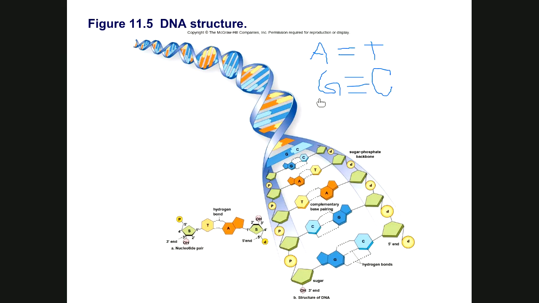So A is bonded with T by 2 hydrogen bonds, and G is always bonded with C by 3 hydrogen bonds. It is important to remember, a question can come.